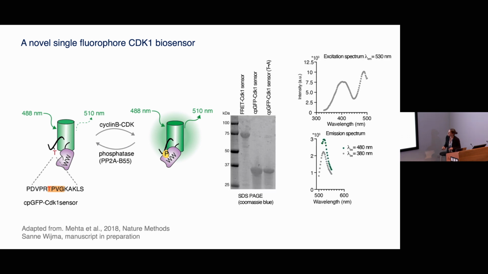So Sanne went on and purified the protein. She also purified the non-phosphorylatable version by mutating the threonine, which normally becomes phosphorylated, to alanine. And we could also nicely show that the excitation spectrum behaves exactly like we would think it does, with this double peak, which is usual for circularly permuted GFPs. And also the emission looked really nice.